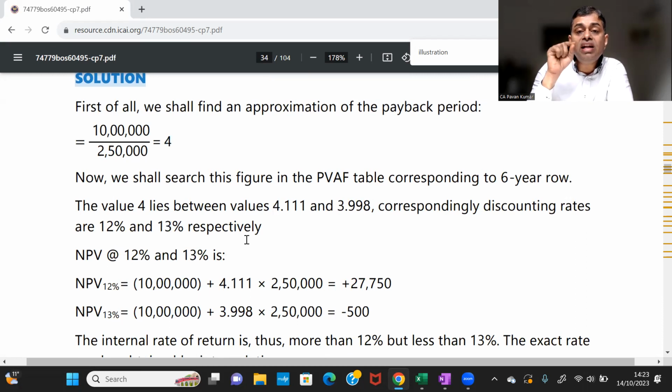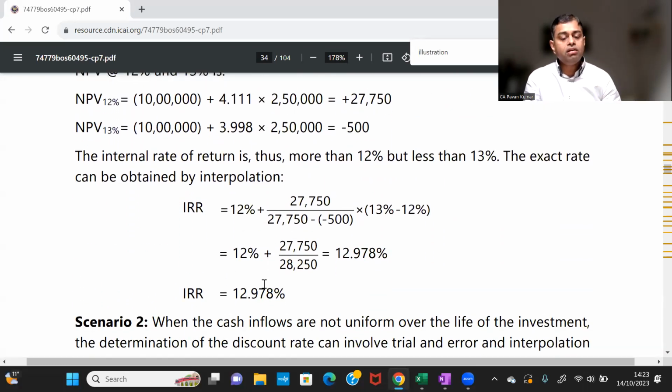So you will take 12 and 13 as low rate and high rate to calculate NPV, and thereby you calculate IRR. But if you look at it, 4 you want and 3.998 is appearing at 13%, which is equal to 4. So 13% will be your IRR, or maybe 12.98, 12.99 something. When you do everything, they got 12.98%.